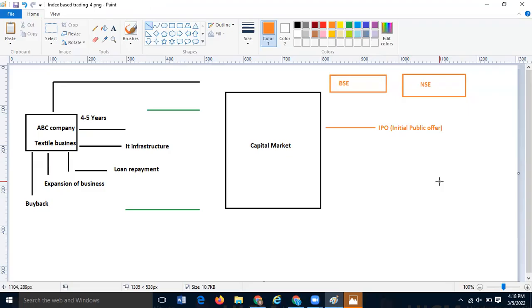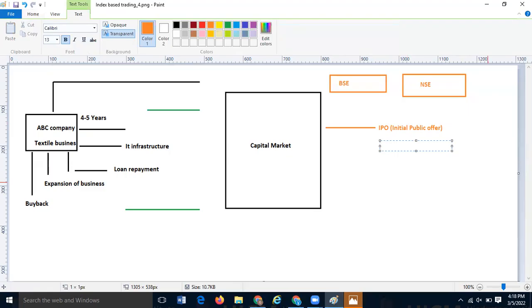First they will take approval. The exchange will approve them and then tell them, okay, now you can raise money from the public. They will fix a band, a range where you can bid. For example, ABC company will fix a band between 15 rupees and 20 rupees.